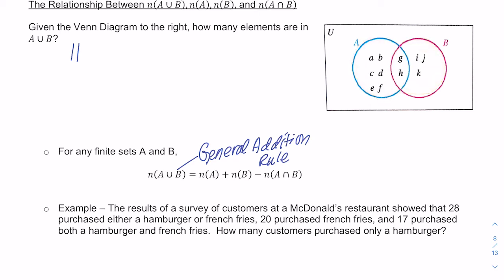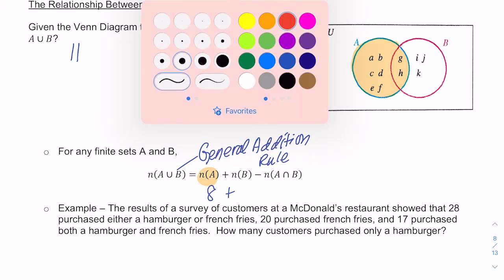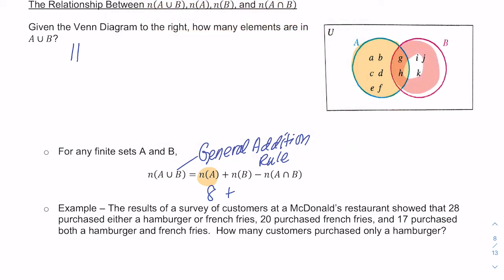Okay, so let's look at that. When I'm looking at just the number of elements in A, I only want this part here. So if I count, that's going to be 6 plus 2. There's 8 elements there. If I want the number of elements in B, I'm going to look at the whole circle B. And if you count, there's 5 elements there.